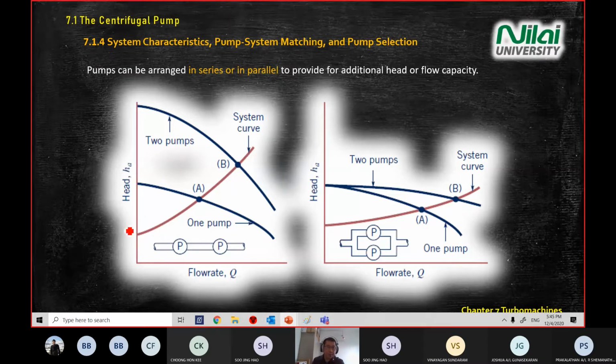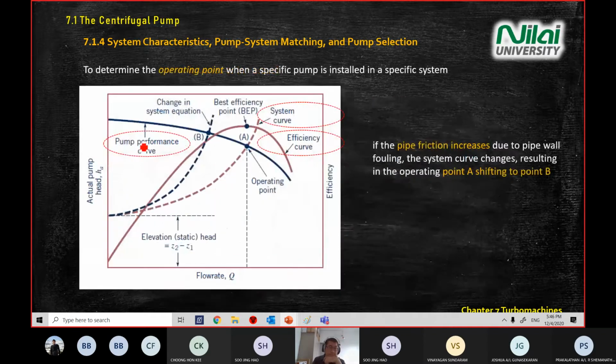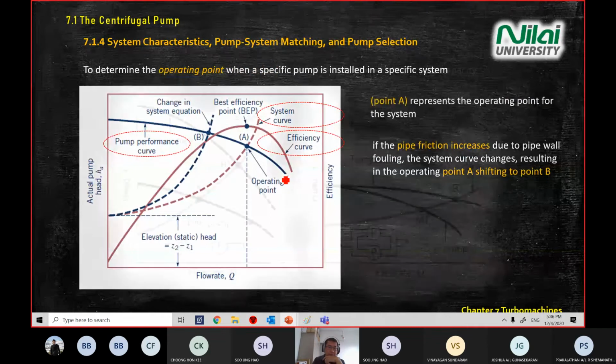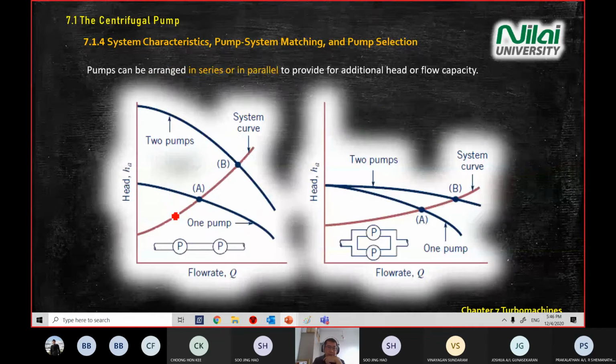So you can see here, for the first one, you use head versus Q. You plot the system curve with the equation just now, and then one pump and two pump. This is the pump performance curve, the solid blue line. If you have a parallel one, you turn on one pump and let it flow free.